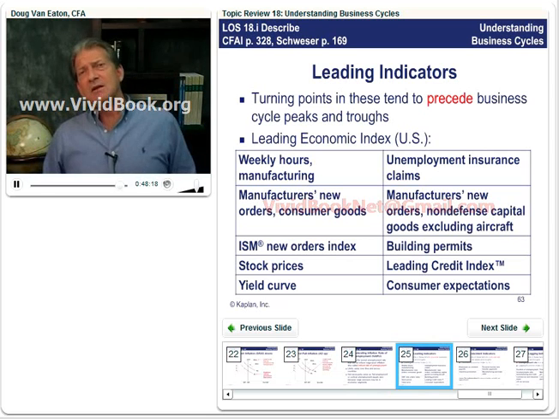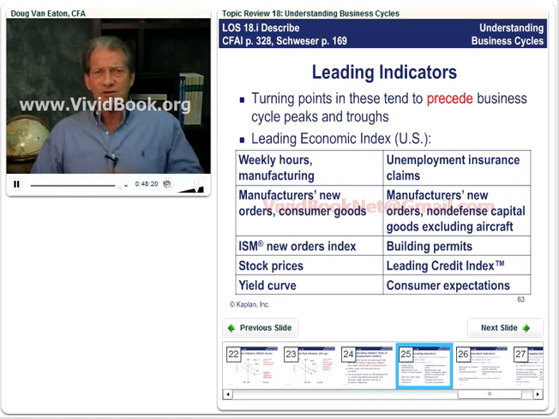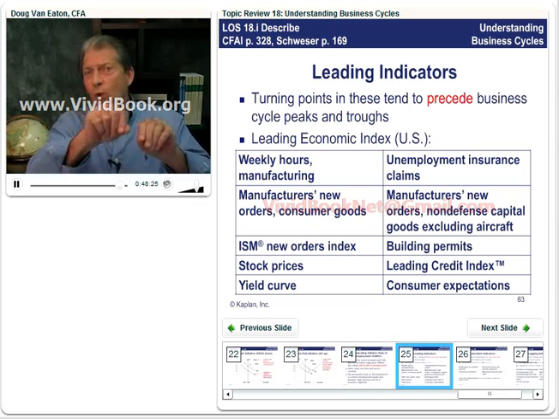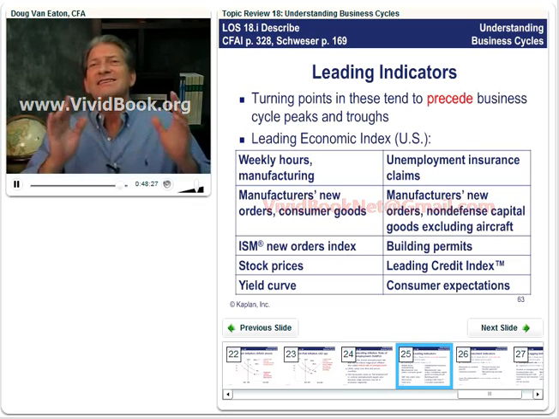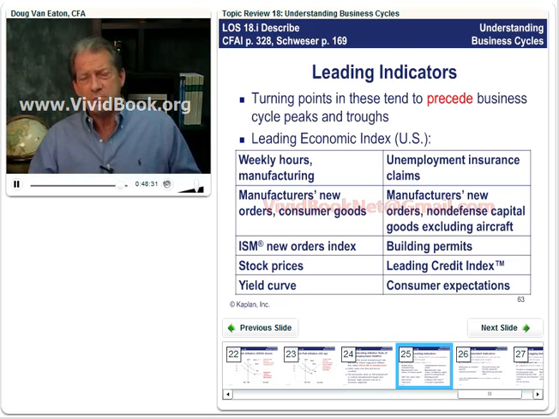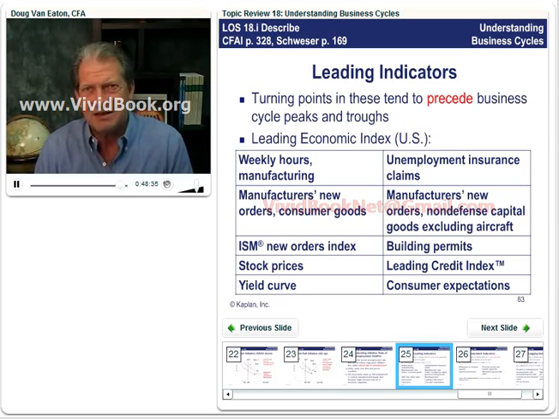If the indicator peaks before the economy peaks, so the indicator goes up and it starts to turn down before the economy starts to turn down, it's a leading indicator. They're turning points, and whether it's the peak or the trough, their turning points tend to precede the turning points in the business cycle.